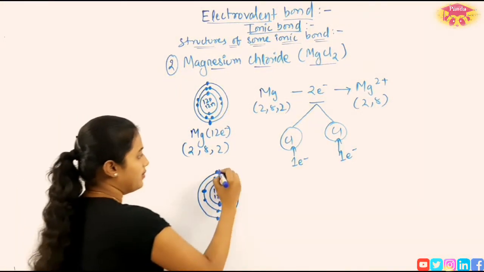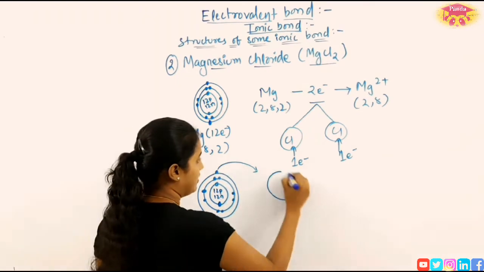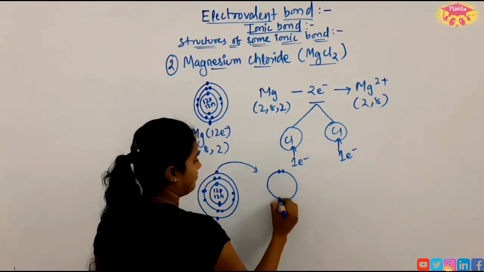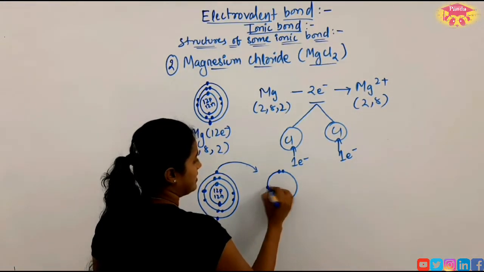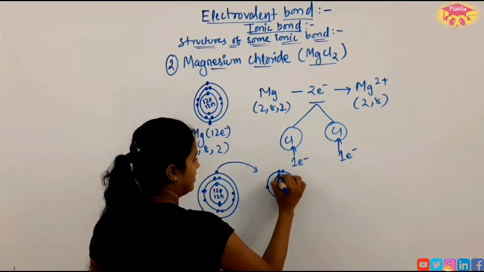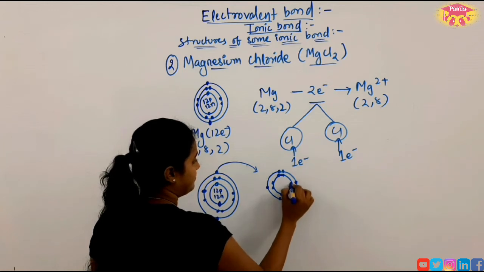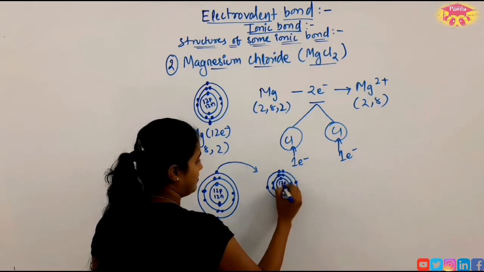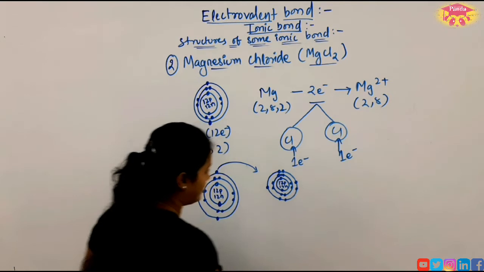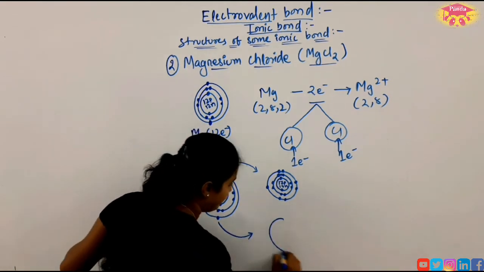This electron is received by 1 atom of chlorine, which contains 7 electrons in the outermost cell, isn't it? Seventeen protons and 17 neutrons. Another electron is received by another chlorine atom.